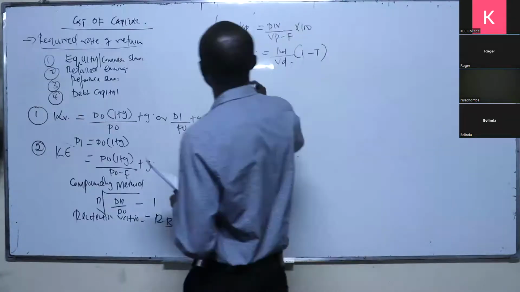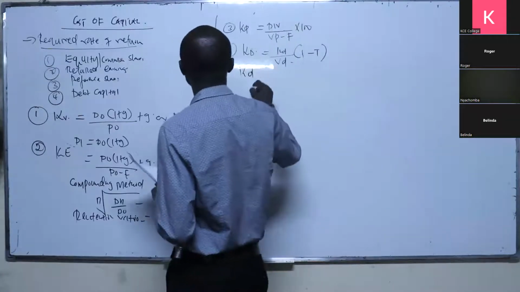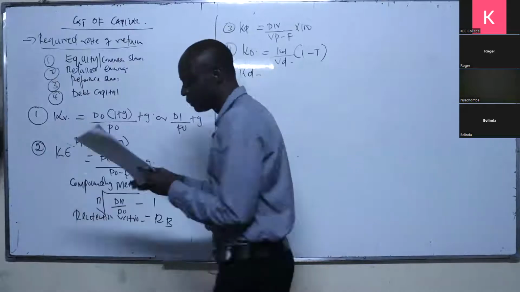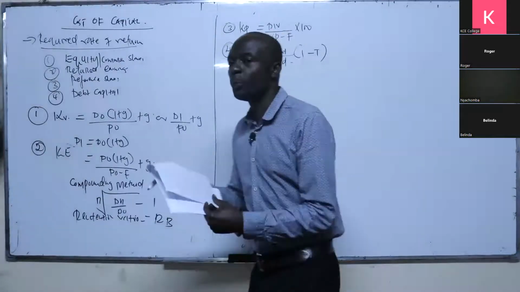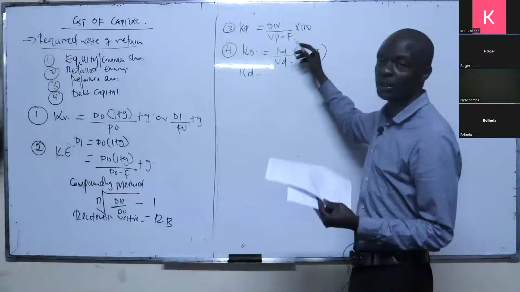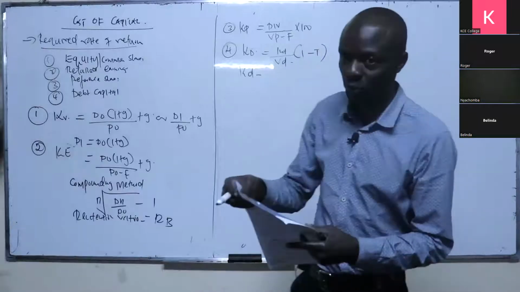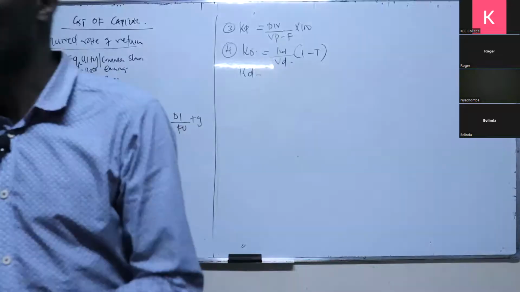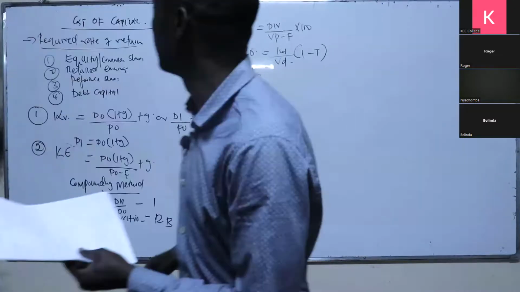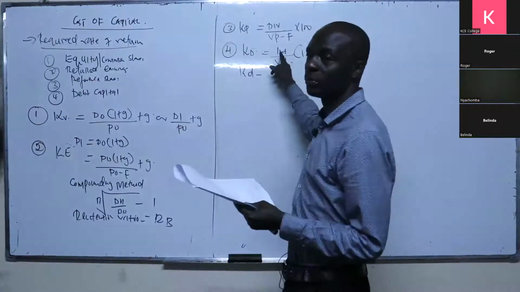Then we have KD redeemable. When you're determining the interest here, you determine it based on the par value. The par value means the book value. So interest is determined based on the par value, not the market value.